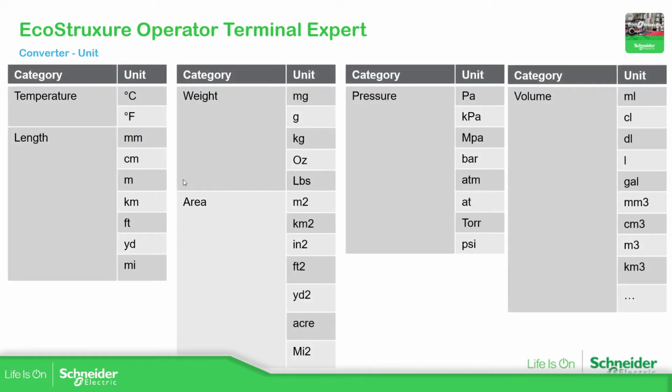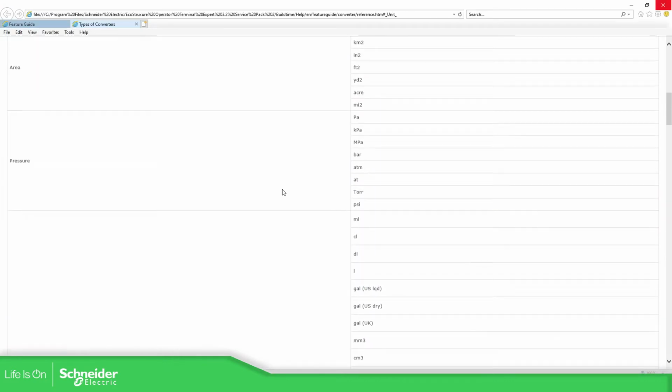Inside the EcoStruxure Operator Terminal Expert, we have different units to make the conversion. For example, we have temperature, length, weight, area, pressure, and volume. More information can be found in the help. Let me just show you the types of converters.